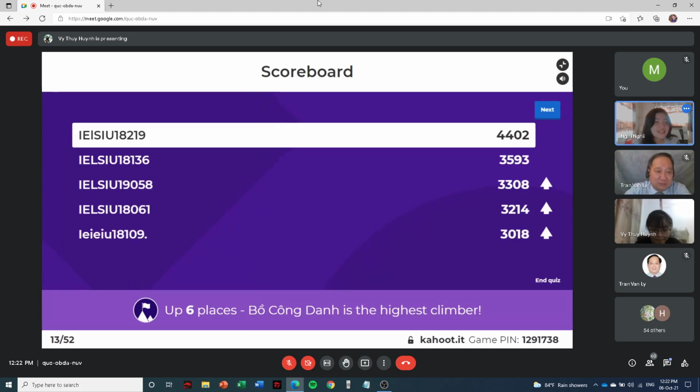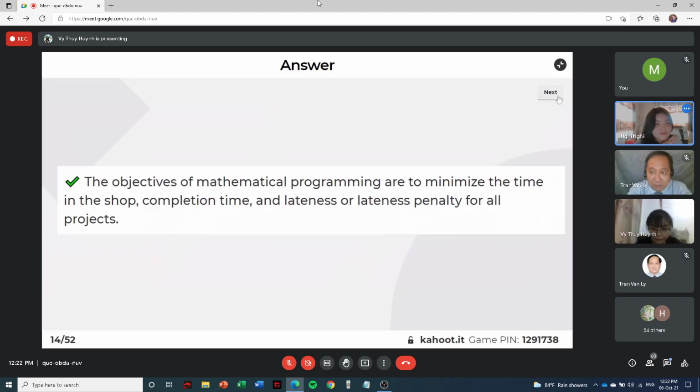Let me see, there's still a very close chase going on right there, except for the first position. I don't know who is 219, but you do such a great job. I see you've remained in first position for a very long time. So stay focused always. Please, next. Yeah, the objective of mathematical programming is to minimize the time in the shop, completion times, and limit penalties for all projects.